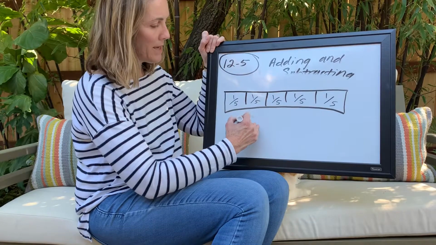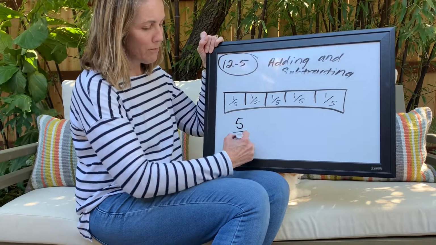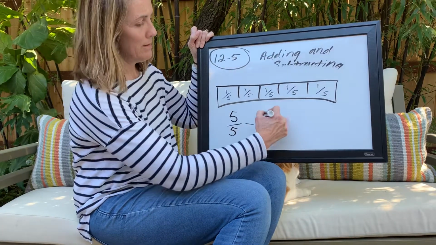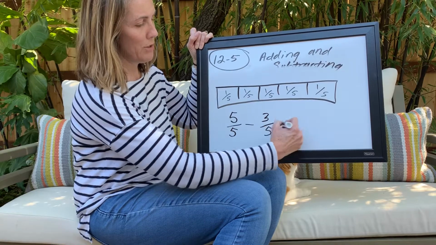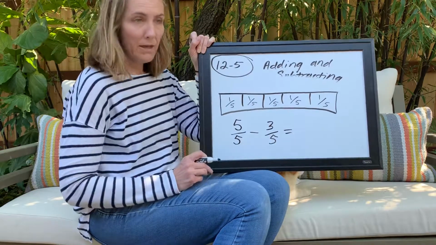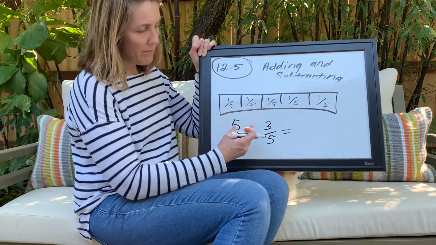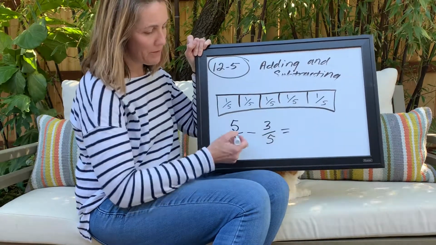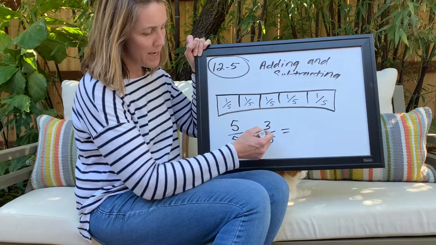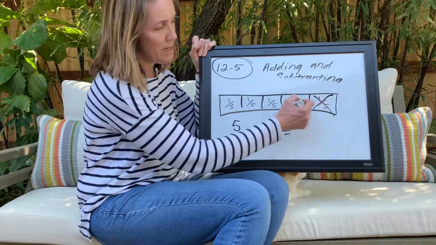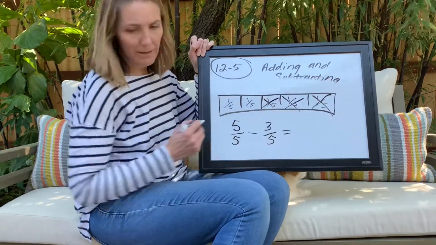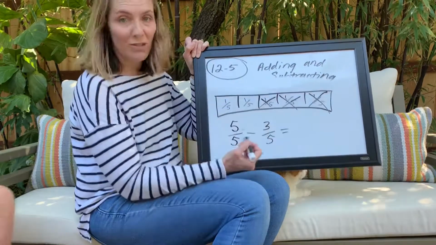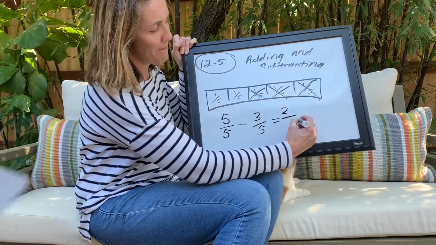So today won't look quite like this. So let's have our expression here. And you guys remember on number line, when you're using a fraction strip and you're subtracting, you're using crossing out. So if we crossed out 3 of these, 1, 2, 3, we're left with 2 fifths.